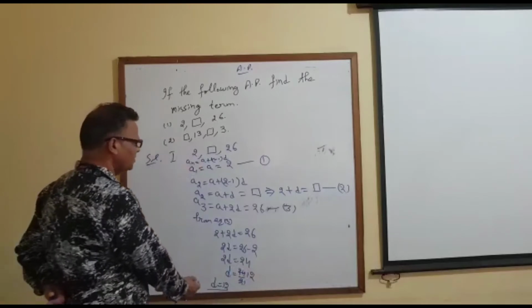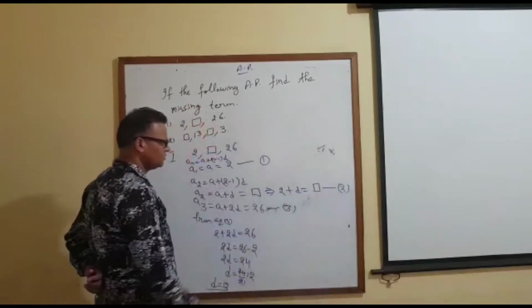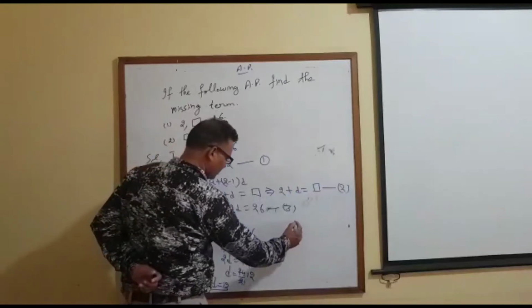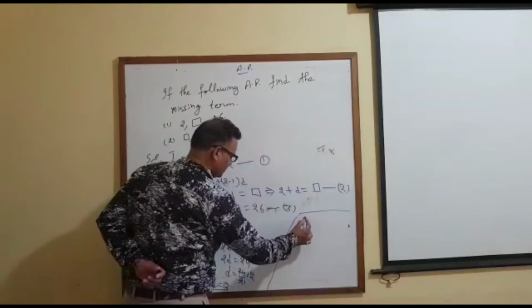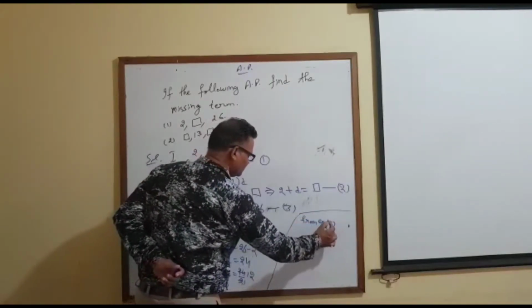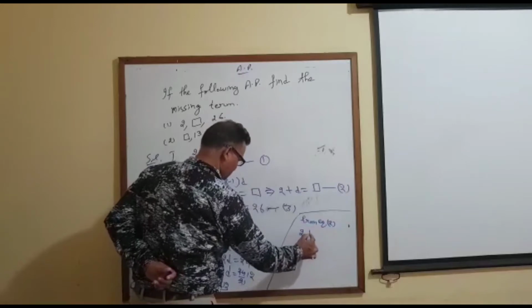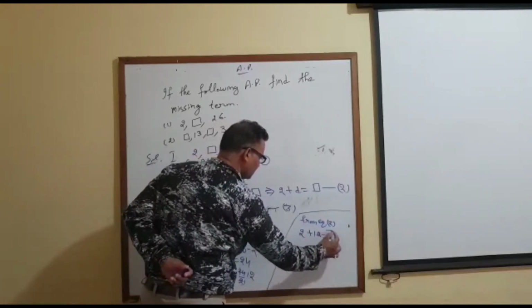So now put the value of D in equation 2, and we get the value of the given block. So from equation 2, 2 plus 12 is equal to 14.